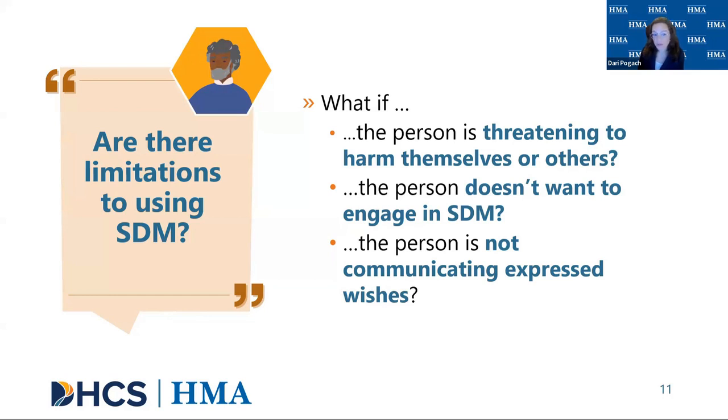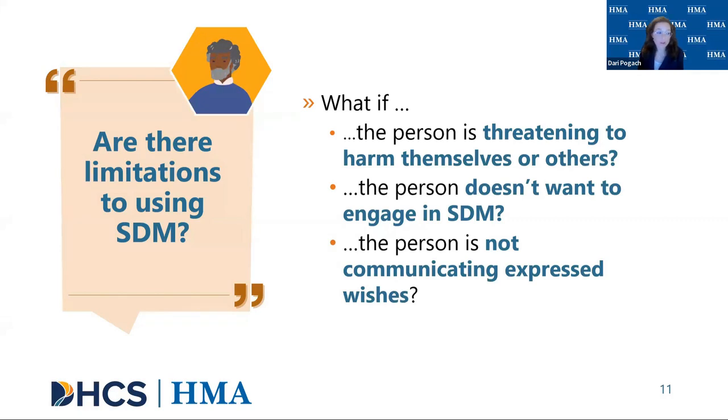Now, there are other examples that come up a lot. People will ask me, what if the person wants to make a medical decision that's contrary to the medical team's recommendation? In that instance, supported decision-making absolutely applies. The person has the right to make their own decision with the supports and services necessary to do so, whether or not that decision is in alignment with what their medical team is recommending.